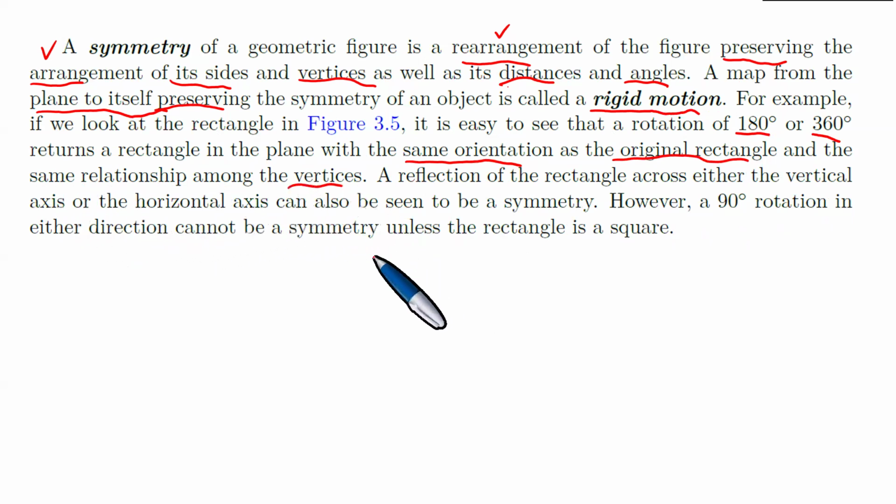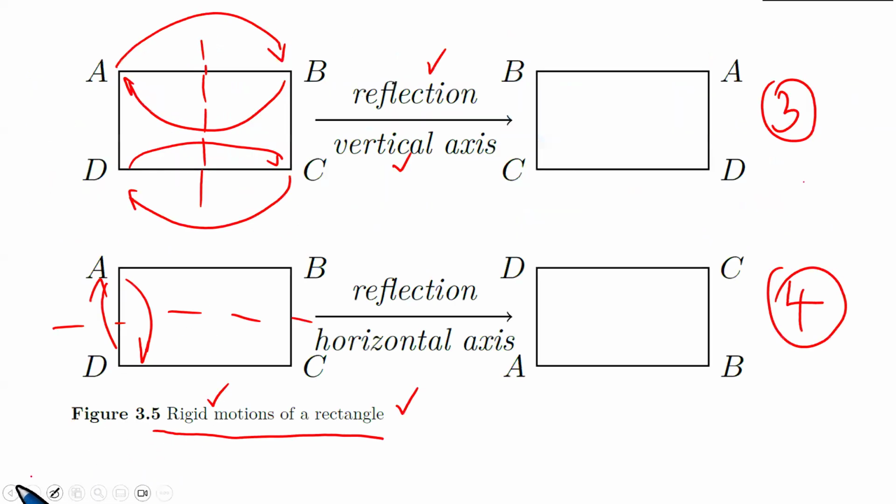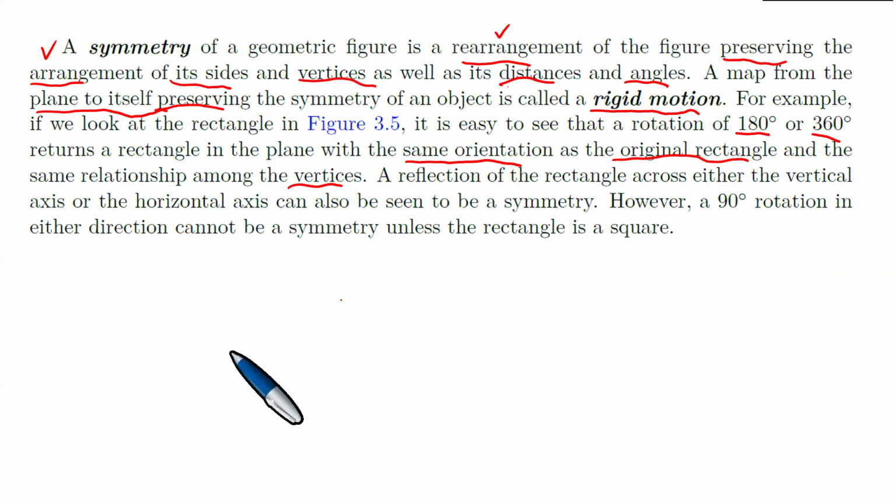What does it mean, same relationship among the vertices? We see that the adjacent vertices remain adjacent in the new shape. Adjacency is preserved.